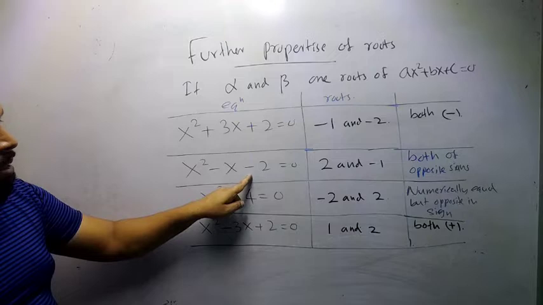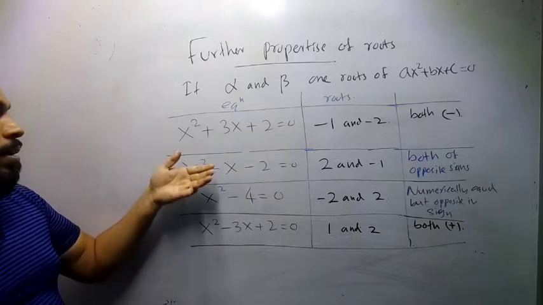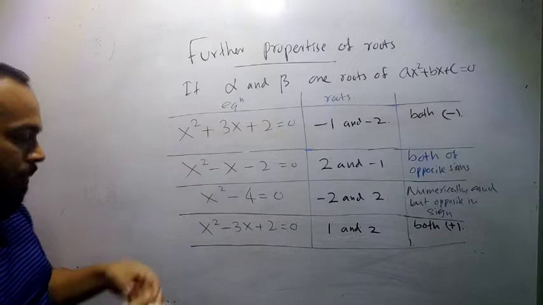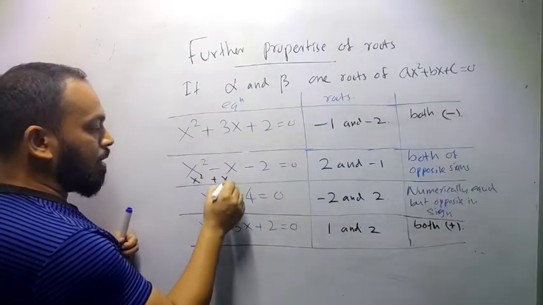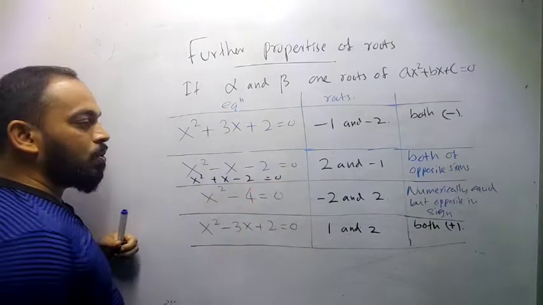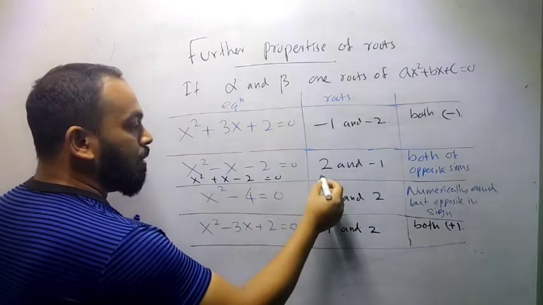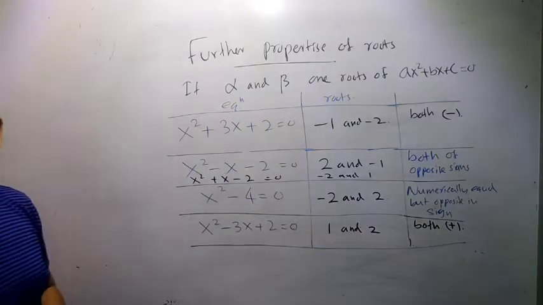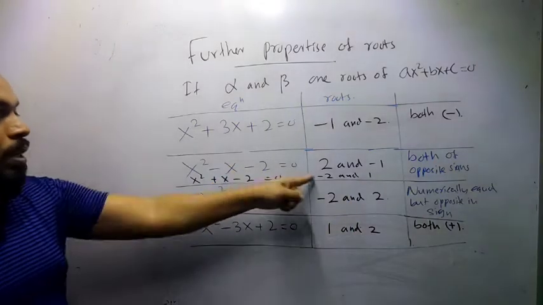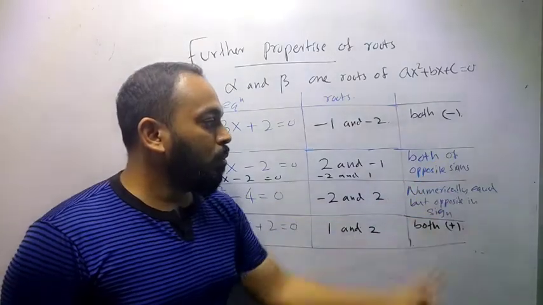Now in this case, this is negative and this is negative, but we can have a quadratic equation like x squared plus x minus 2 equals 0. In this case our roots would be minus 2 and plus 1. Still, you can say that both are of opposite sign.